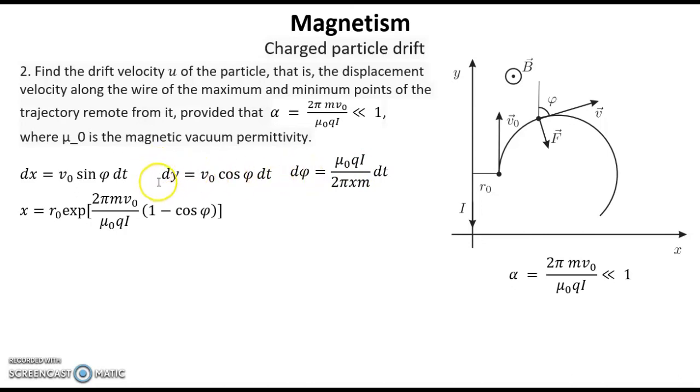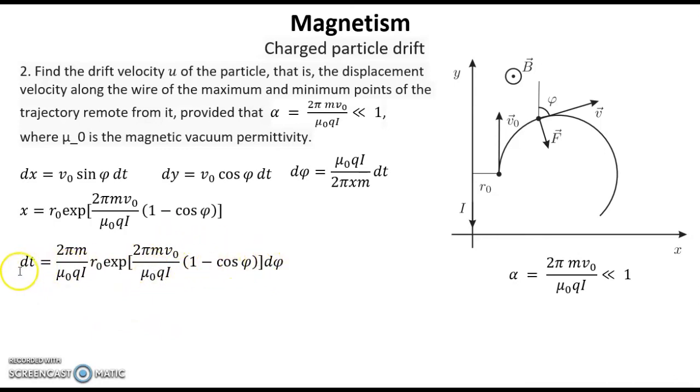In that case we will have an equation connecting y and the angle. This is what we need. So we have an expression for dt as a function of angle, and we can insert this dt in this formula, and we will get dy.